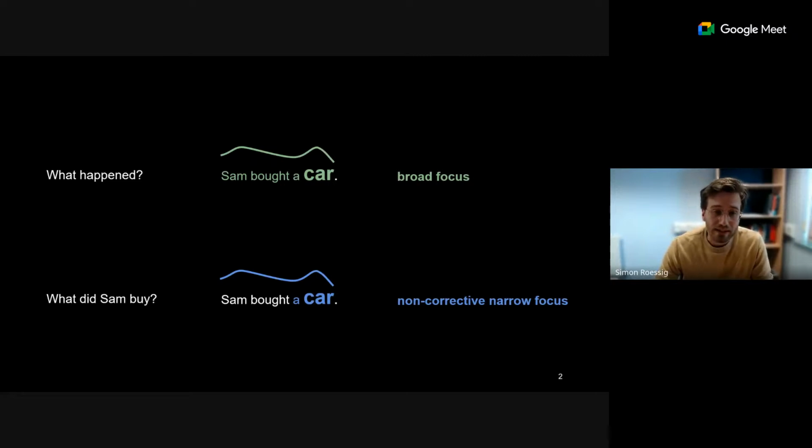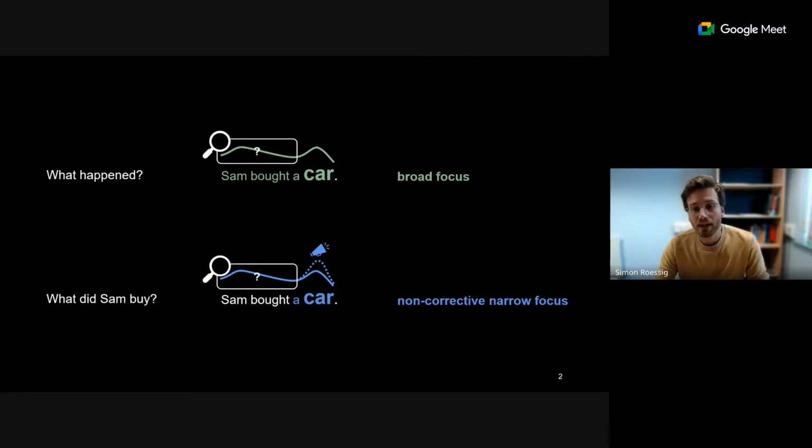Well, we know that there are differences in the nuclear accent realization or type between a broad focus and a narrow focus. Based on prior research on English, we can expect car to be realized more prominently in the case of narrow focus. But what happens in the prenuclear domain, the part before the nuclear accent? Are there differences in this region? This is going to be one of the topics of this talk.